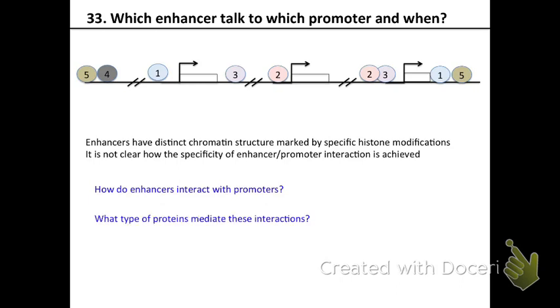So easy to remember. So what other kind of proteins mediate these interactions? What proteins mediate DNA looping? SMCs, because they have that awesome circular structure that can hold two sites together, right?